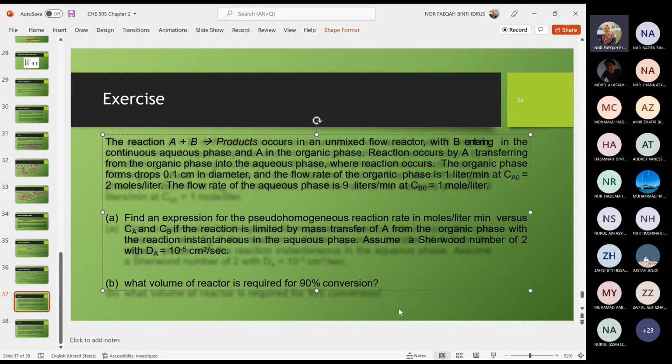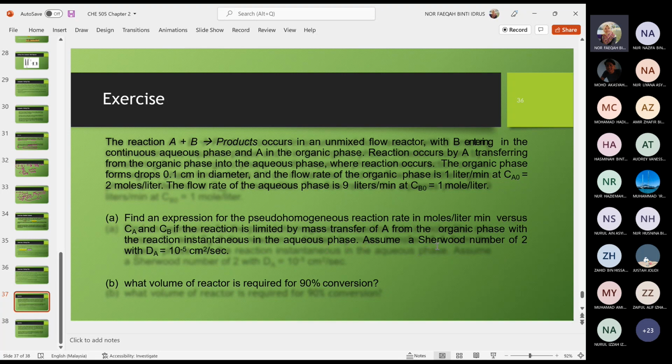When answering, it says find an expression for the pseudo-homogeneous reaction rate in moles per liter per minute versus CA and CB if the reaction is limited by mass transfer of A from the organic phase with the reaction instantaneous in the aqueous phase.